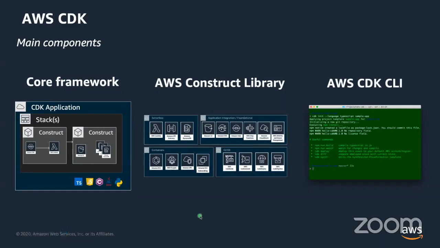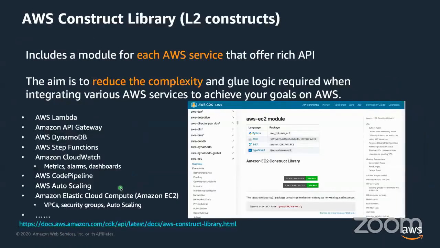Okay, and let's do this. The construct library is available online. When it was initially launched, it was not so upgraded. But now, if you go ahead and see it, you can just click this link, or you could just search AWS CDK construct library, and you should be able to see it.